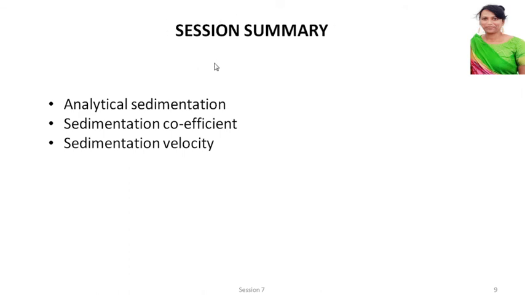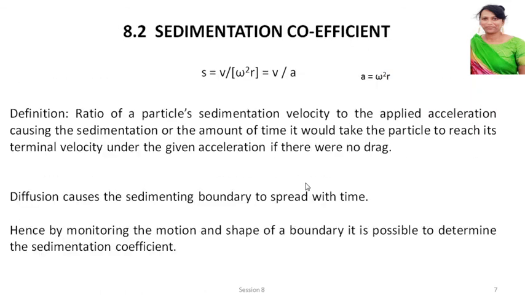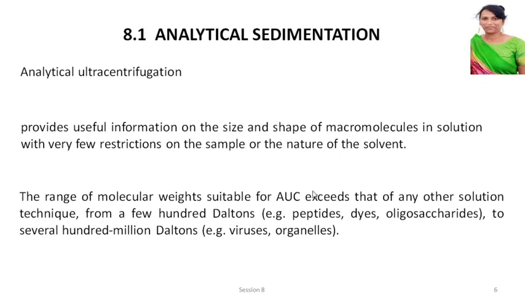In conclusion of this session summary, we have seen what is analytical sedimentation, what is sedimentation coefficient, and what is sedimentation velocity. Analytical sedimentation is also called analytical ultracentrifugation, and it gives useful information about size and shape of macromolecules with very few restrictions.